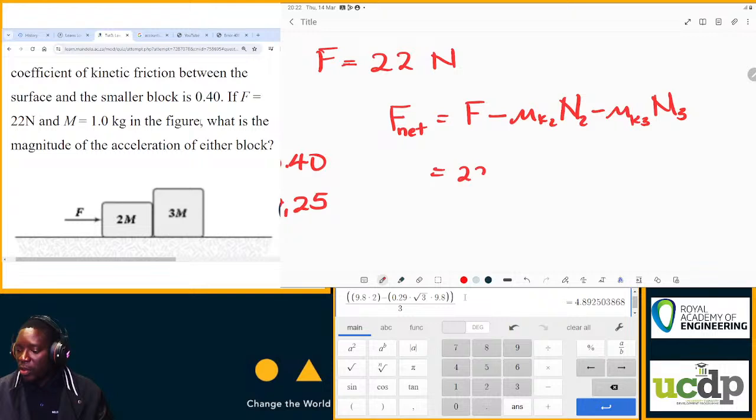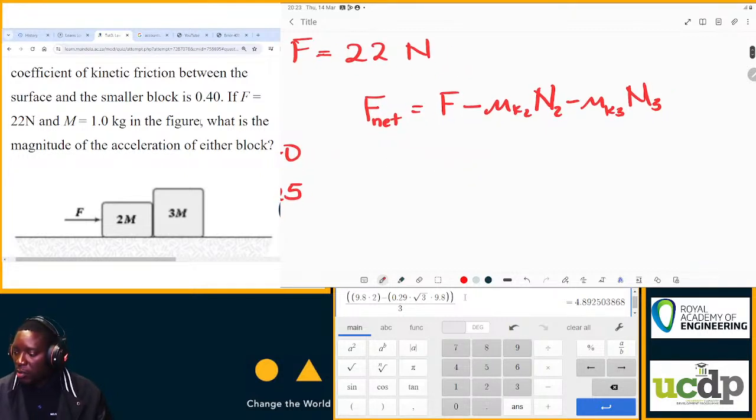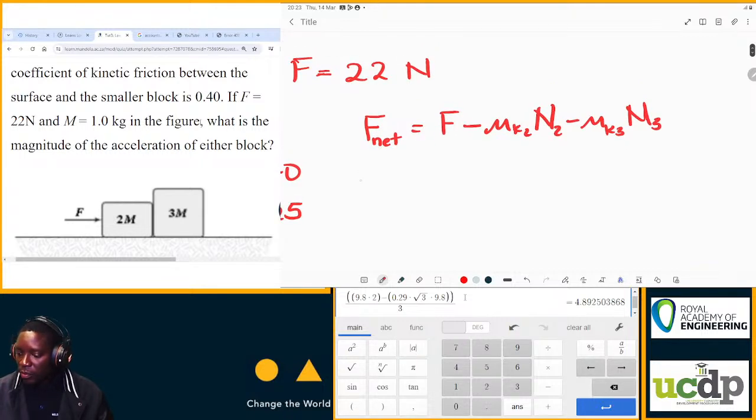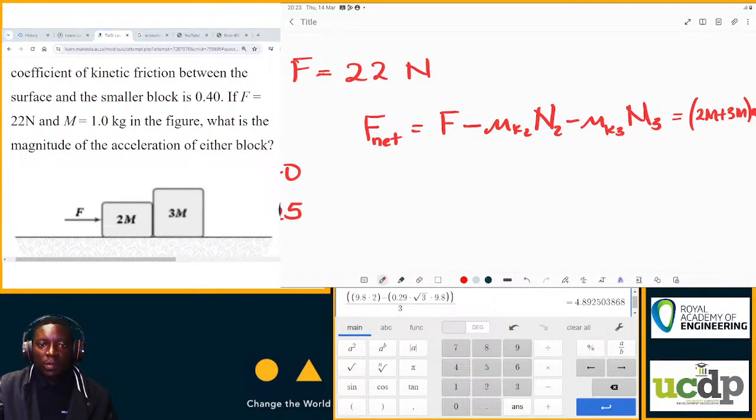And F net will be the mass times the acceleration. So that means this expression equates to 2m plus 3m, everything multiplied by A.